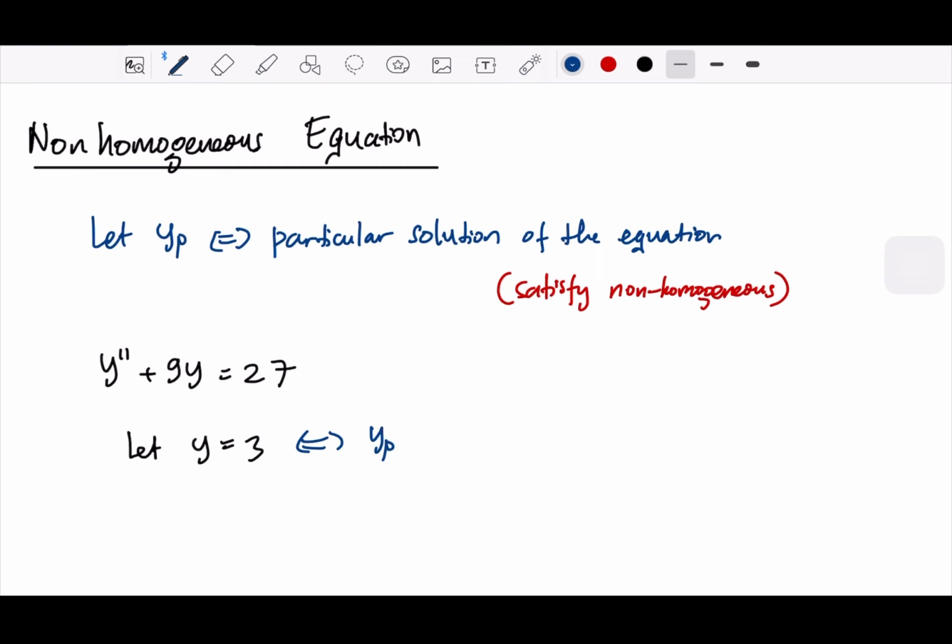Now, because we have learned the homogeneous equations, the fundamental set of solutions from the previous one, and how to write the general solutions for homogeneous, now we can also write similarly for this non-homogeneous. So let me write here.